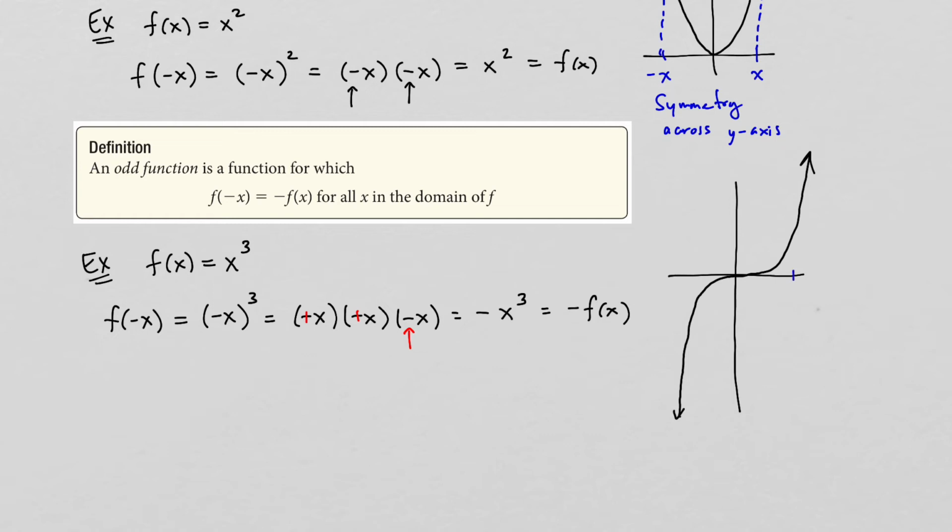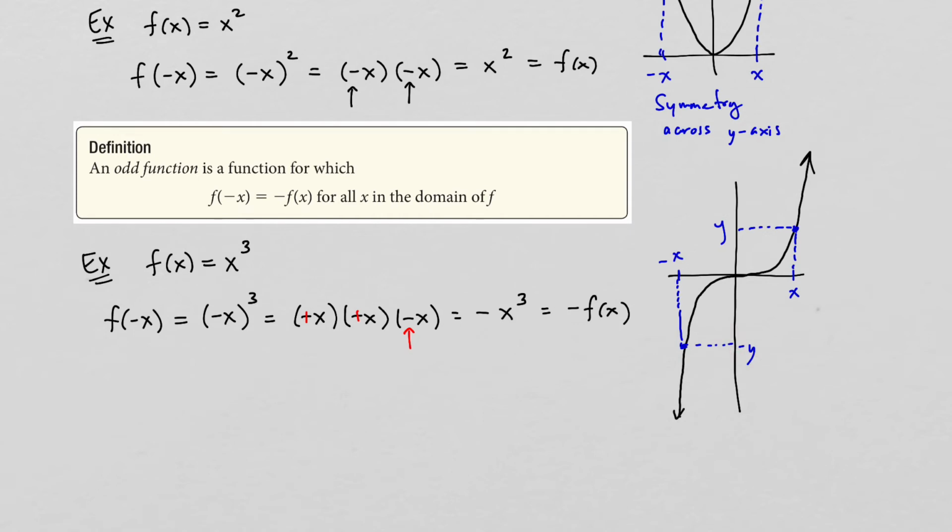When you plug in a positive value for x, you get a particular y value. And when you plug in the opposite of that value of x, you can see that you get the opposite y value. So what I mean here is if y is 5, for example, then down here it's going to be at negative 5.